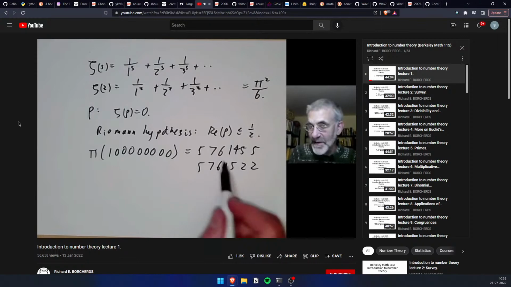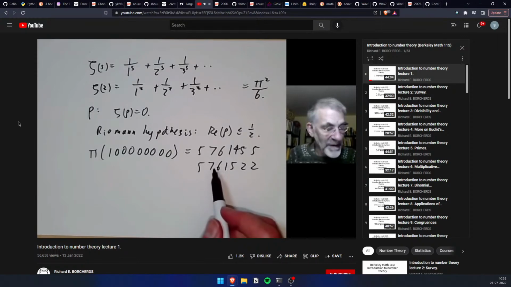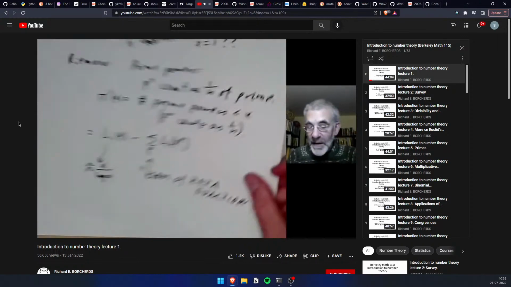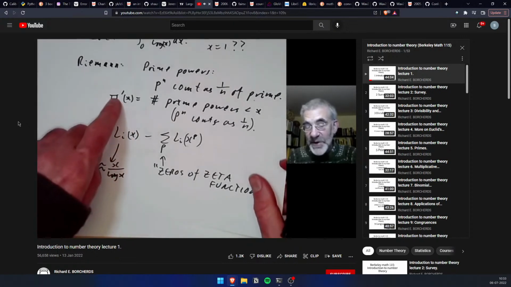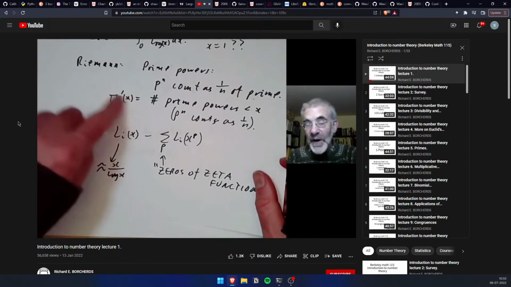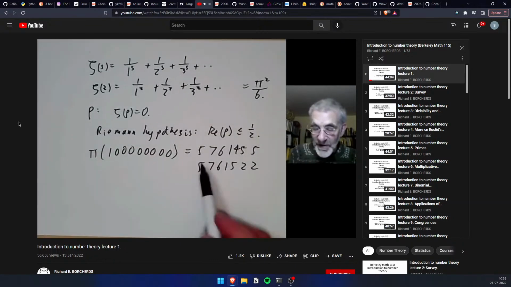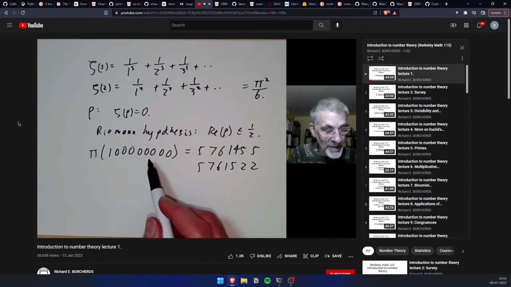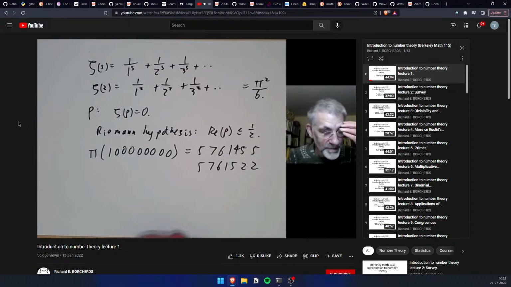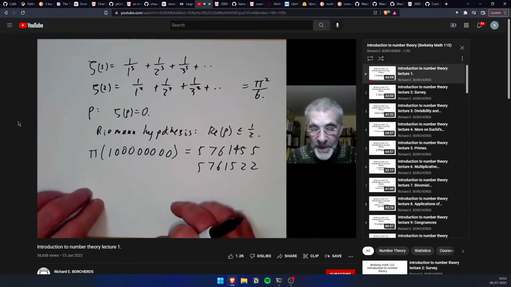As you can see, it's already accurate to 4 significant figures. So this is using Li of x as an approximation not to pi of x, but to the number of prime powers. So you have to subtract out the squares and cubes and so on of primes. And if you do that, you get this astonishingly accurate formula for the number of primes less than a number.